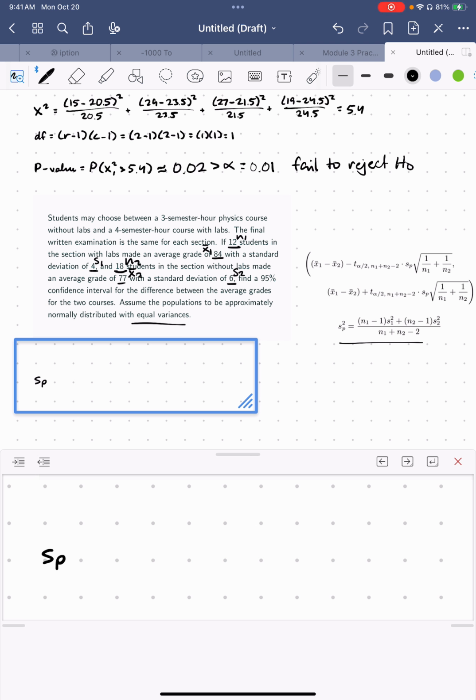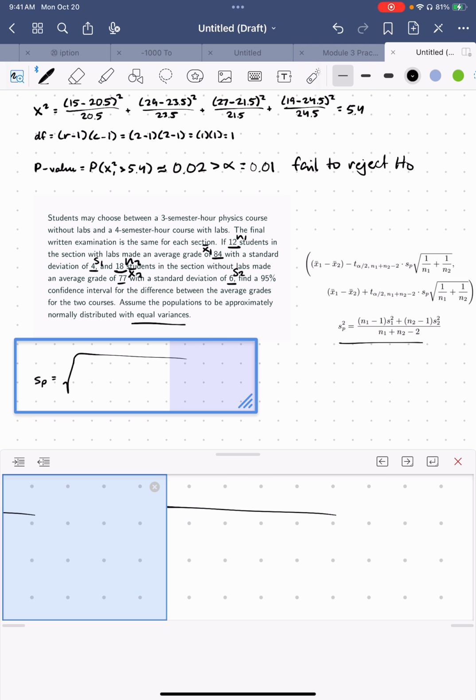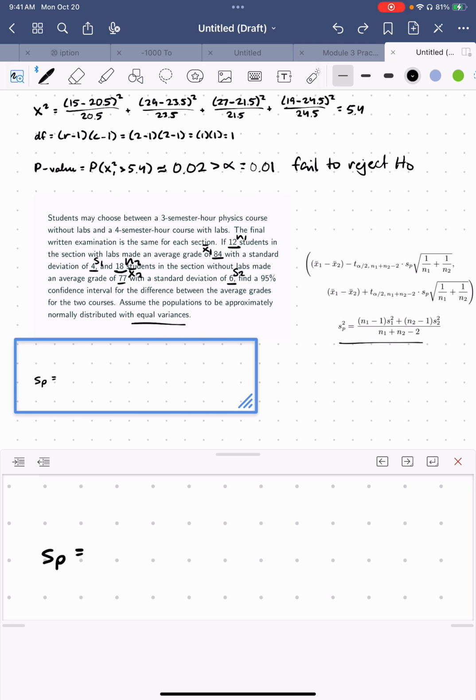And since we want to only find our SP and not the squared value, we can just take the square root of all of this. Here we go. And then we have our N1, so that's 12 minus 1.